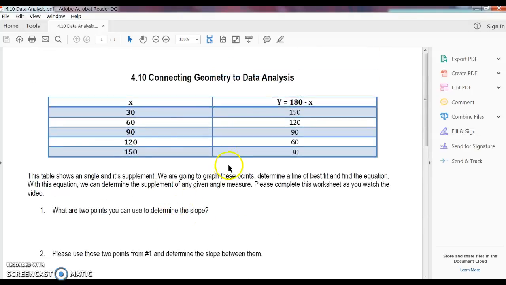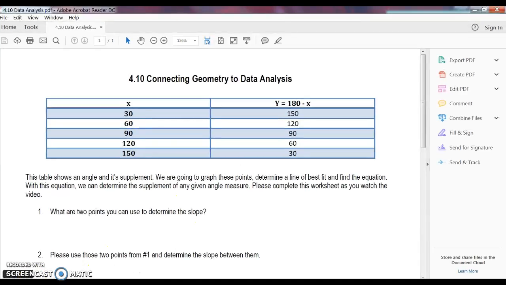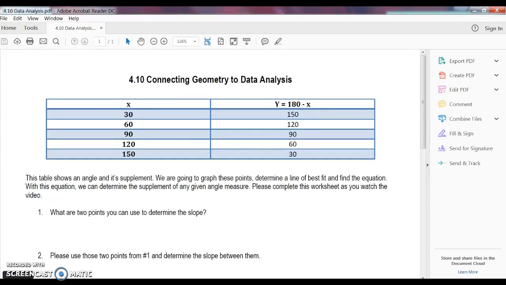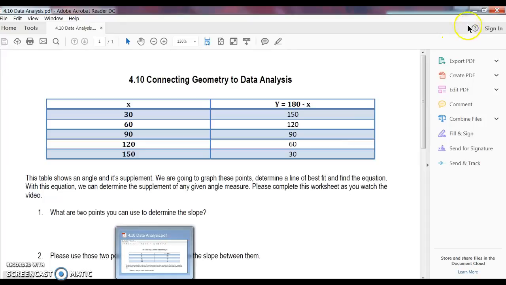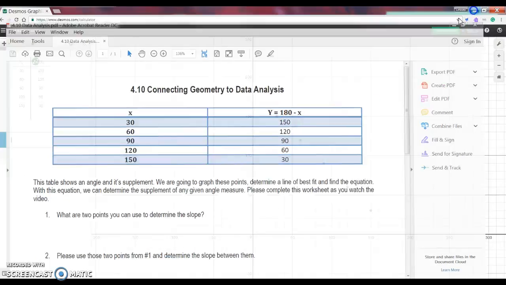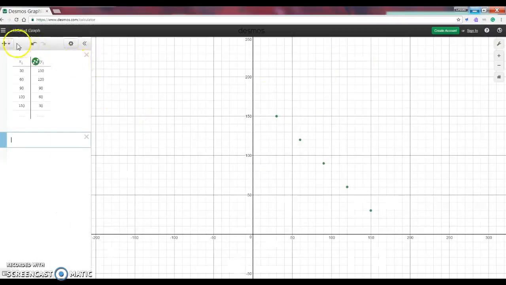So what I'm going to do is use my favorite graphing utility, which is Desmos, and we are going to go to table mode. You can always change up here and go to table mode and input our values.